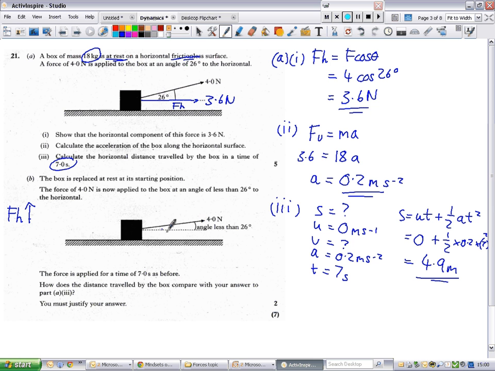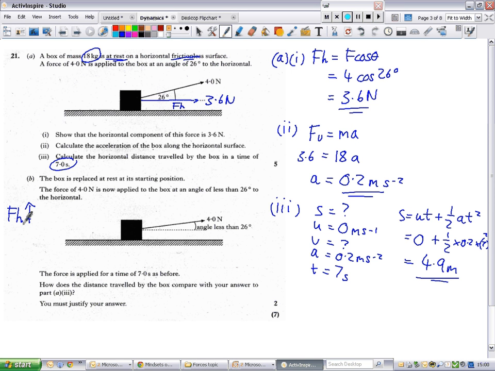It's not hard to see why that is, because this is a shallower angle, so it's going to have more force in this direction than it does in this direction. So your horizontal force is greater. You'd find that as well if you put in a smaller value here. Some people get confused because you put a smaller value and you think you get a smaller value out, but it's cos, it always goes the opposite way. If it were sine, that would be the case, but it's cos, so it goes in the opposite direction.